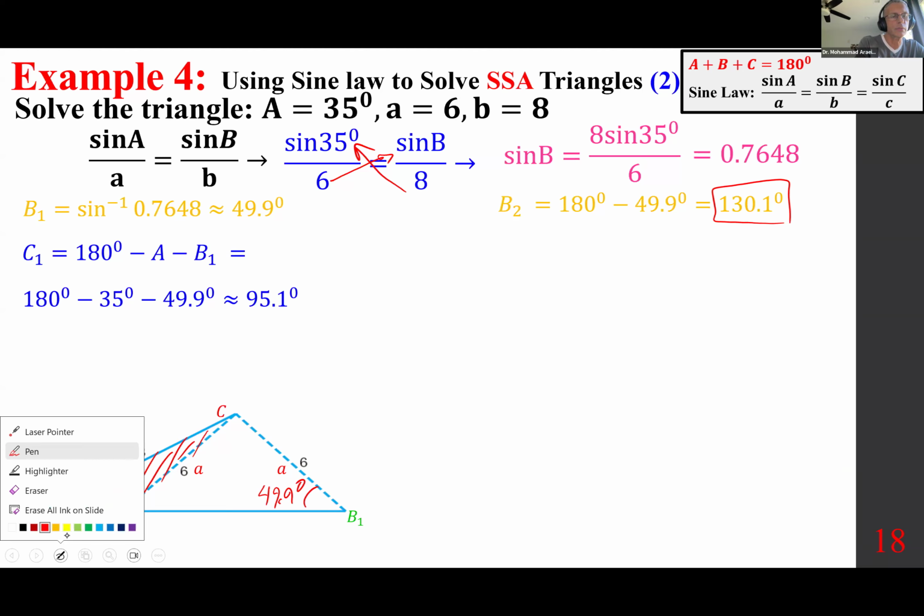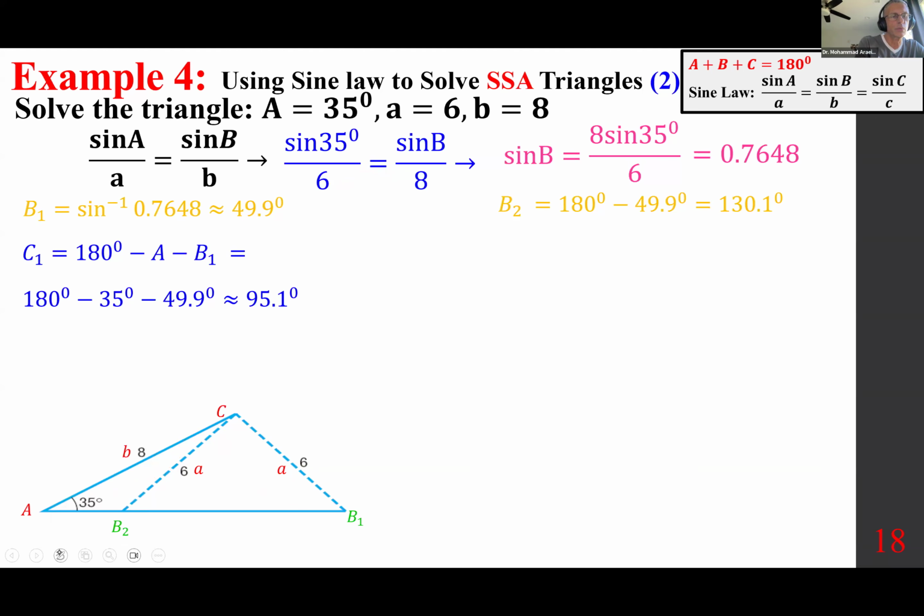Let me erase the board first. So this is 49.9, and this is 130.1 degrees. And now we're going to go back and use sine C over c.